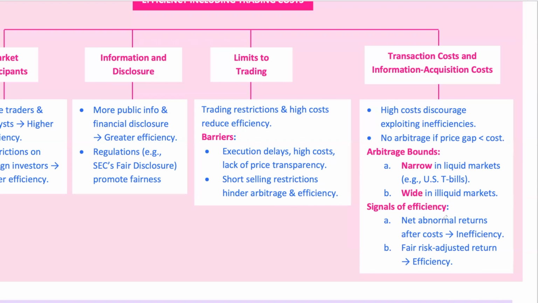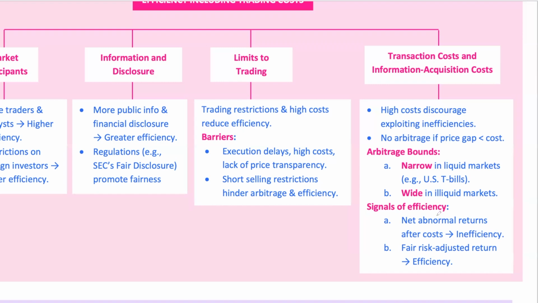Similarly, it costs time and money to acquire information. Maybe you pay for specialized financial data feeds, or you have to hire analysts to dig into a company's financials. If it costs you $10 in research to earn an extra $10 in returns, again, risk adjusted, then you've just broken even. So in that scenario, we'd say the market is still efficient because you didn't actually get ahead net of cost.